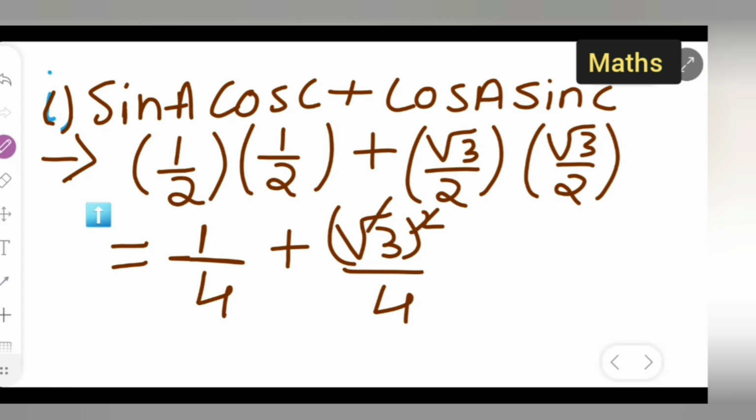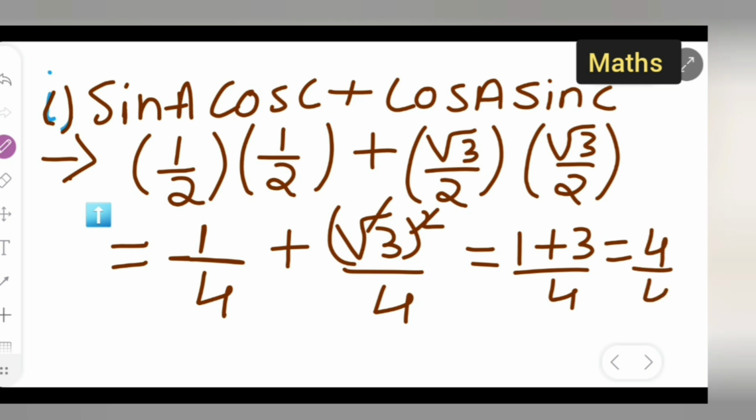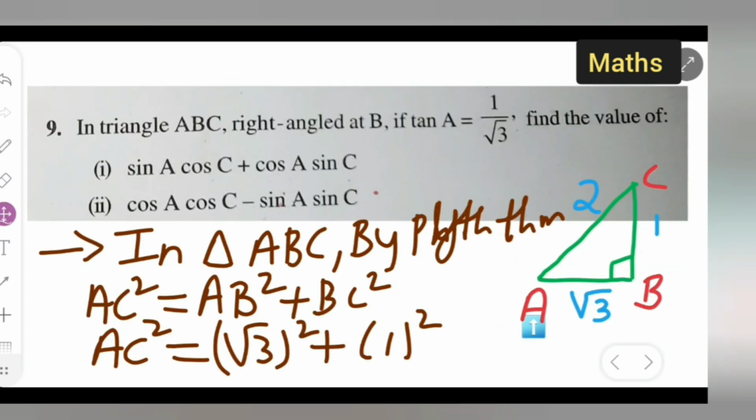So this gets cancelled and we are left with 1 plus 3 upon 4. So it will be 4 upon 4. If I cancel the 4s, what will be my answer? 1. So the answer is 1. Next, let us find out the second one.